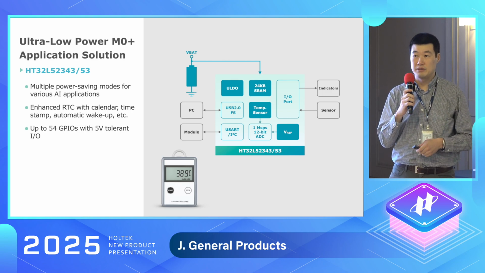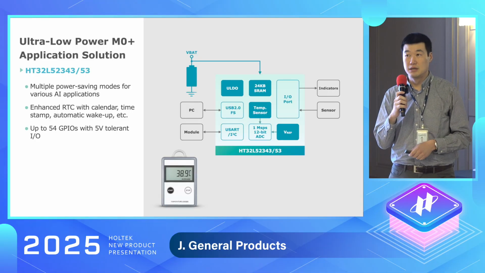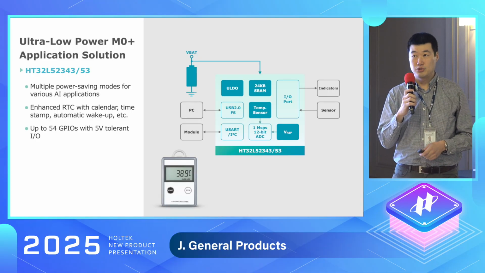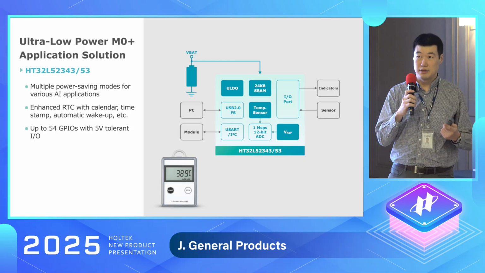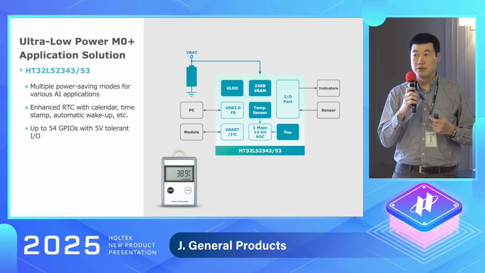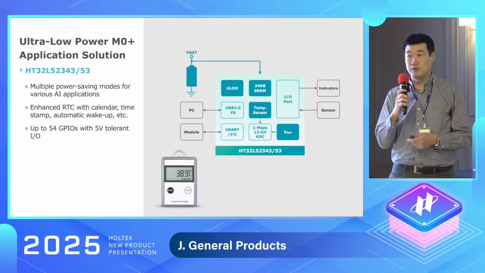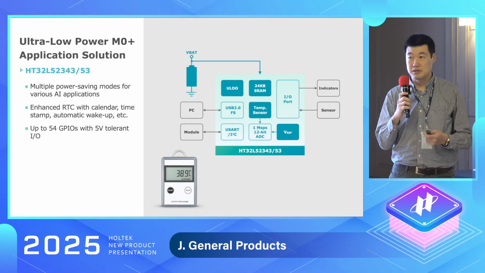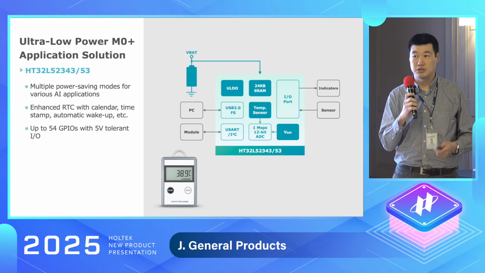Here is an example, a temperature logger. So this is a battery-driven device. So you can see the block diagram. It has an I/O port for the indicator and the sensor input, maybe the temperature sensor.